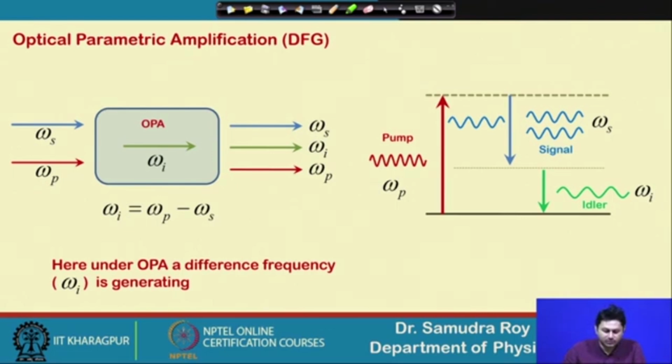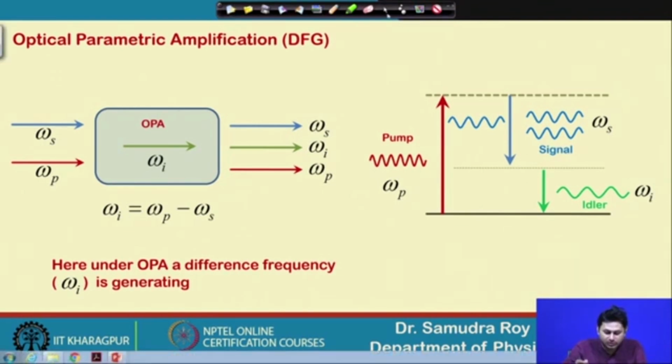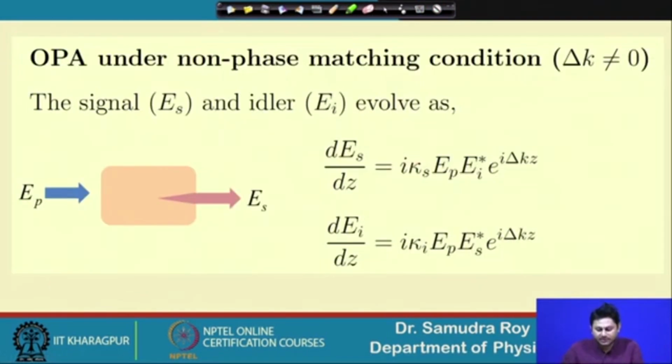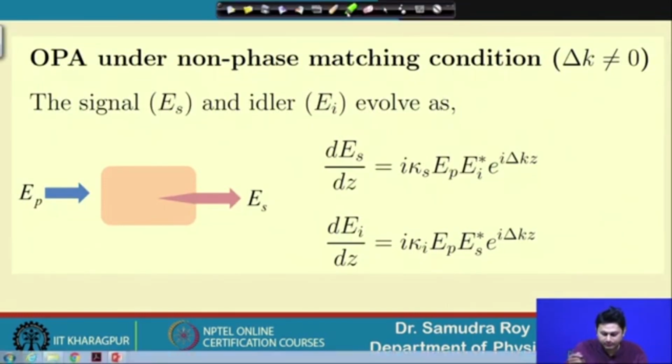So, signal is amplifying, difference frequency is generating. This we have already done in our previous class, but today we will do it with the condition that there is no phase match, that is, delta k not equal to 0, which essentially means absolute phase matching is absent.